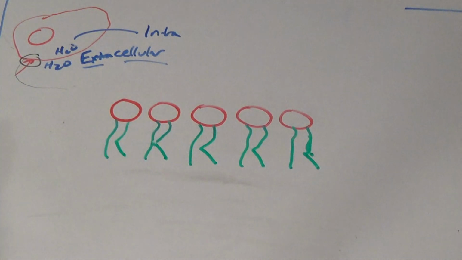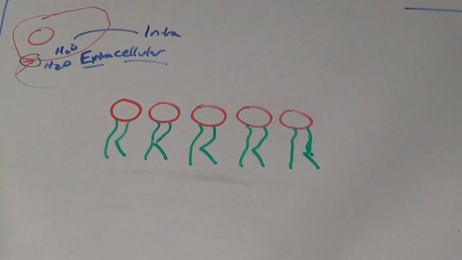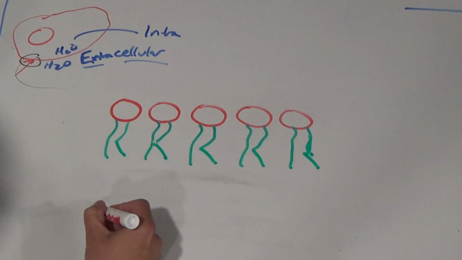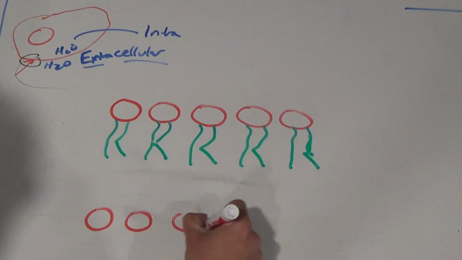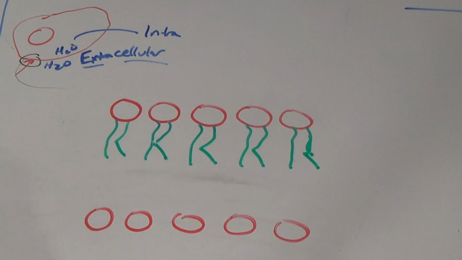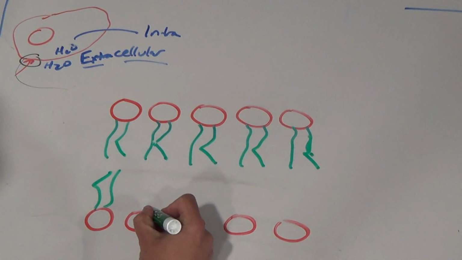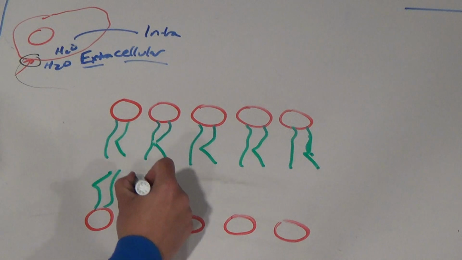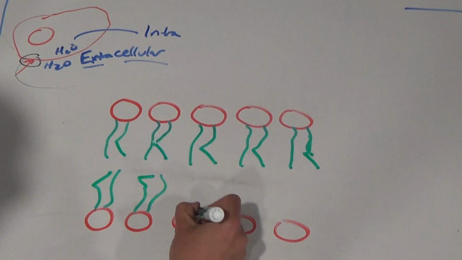That's just one layer. What about the other layer? Don't worry about how I bent them. They're just two tails for now, okay?